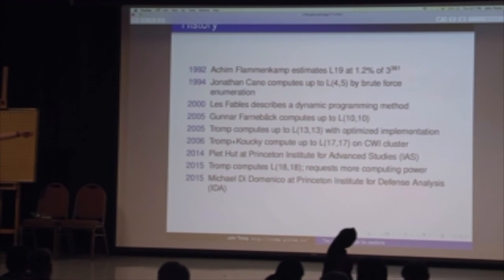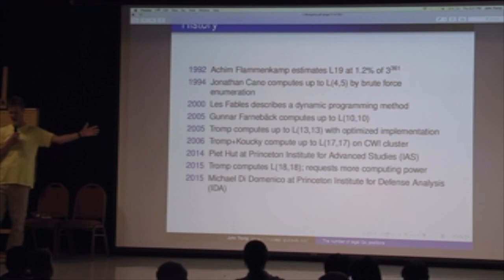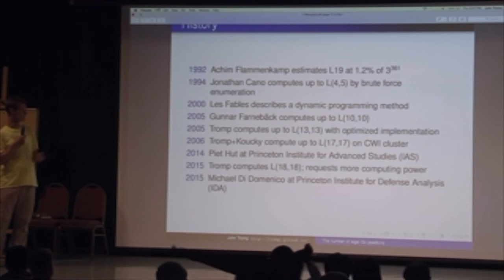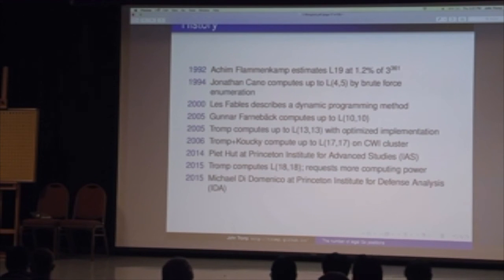So then came forward a sysadmin by the name of Michael Domenico at, what do you know, another institute in Princeton on the opposite side, just pure coincidence. He's working at the Institute for Defense Analysis, and they have an even nicer computing cluster. So joining forces with IAS, we started 19 by 19, and those computations finished about the end of 2015.